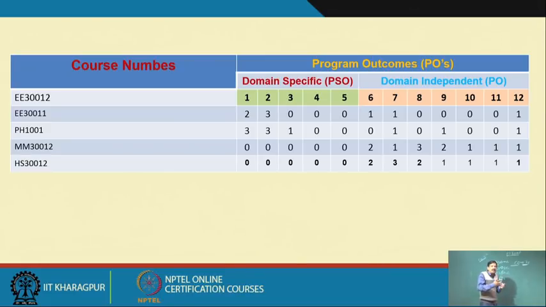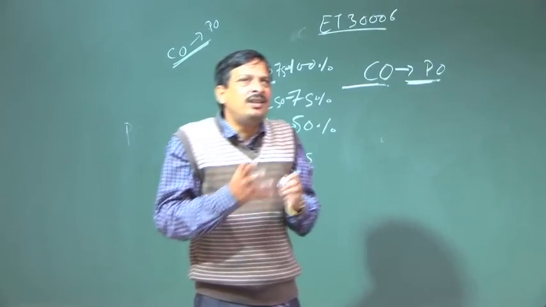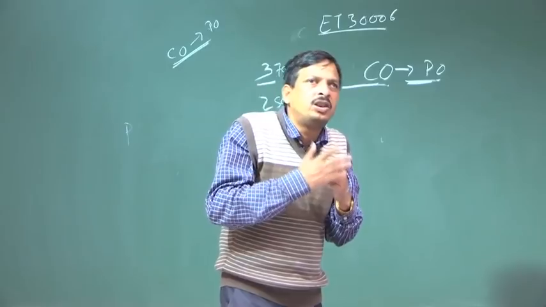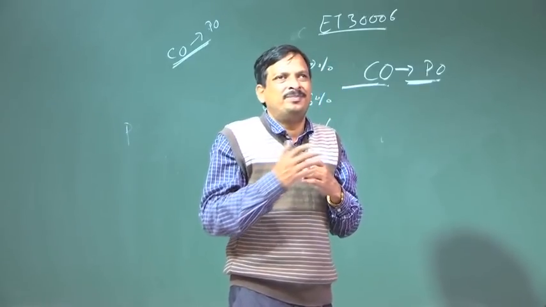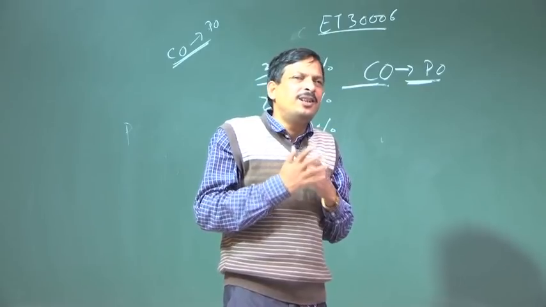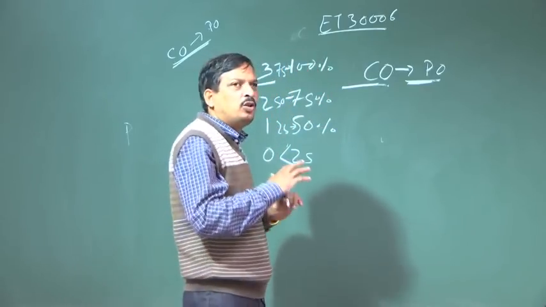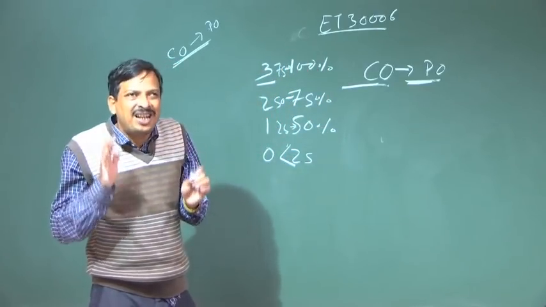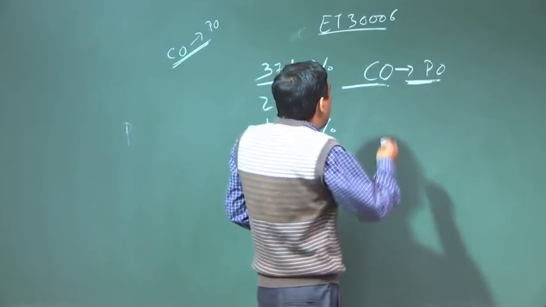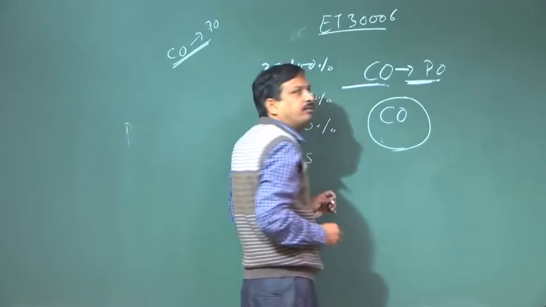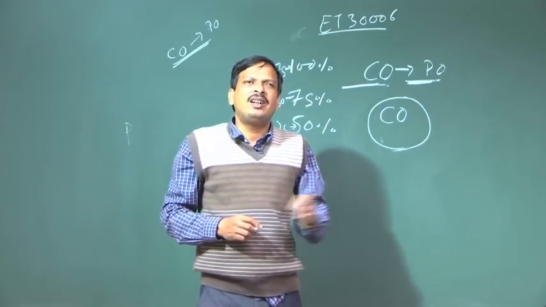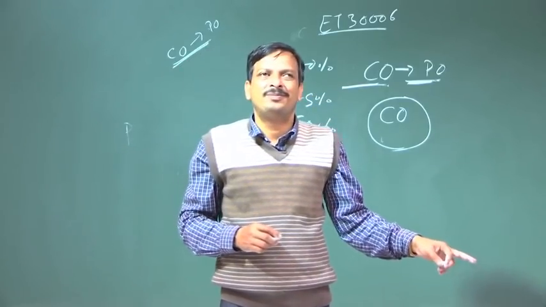So, by this way we have to design the course CO to PO mapping. But eventually I can say this process is a two-way process. I am saying I have to develop first all course COs. Unless COs are written, I cannot develop this matrix.